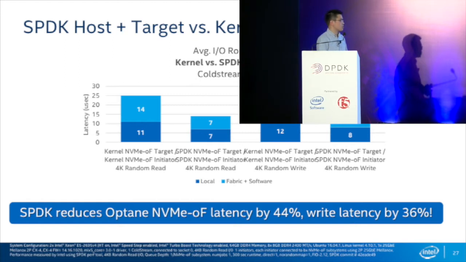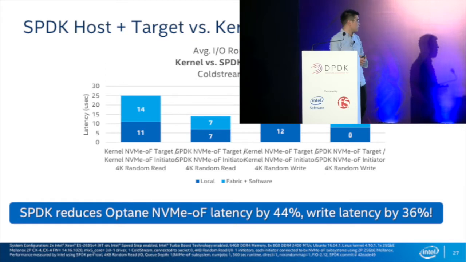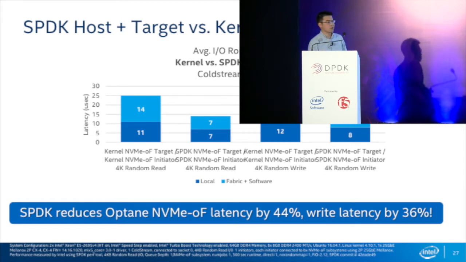And we use Intel's Optane NVMe SSD as the backend. We can see from this experiment that SPDK reduced the latency by 44% for read workloads, and about 36% for write workloads.